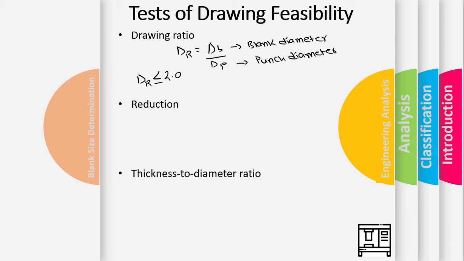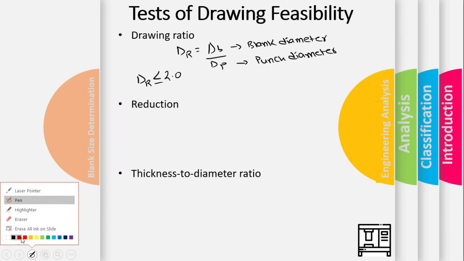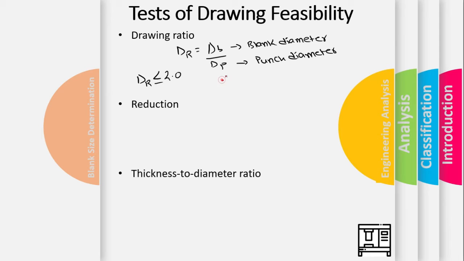The actual limit value for the given operation depends upon punch and die corner radii, and the frictional condition between the multiple interfaces, the depth of the drawing that we are performing, and several other factors. So this depends upon, we can write it here, punch and die corner radii.